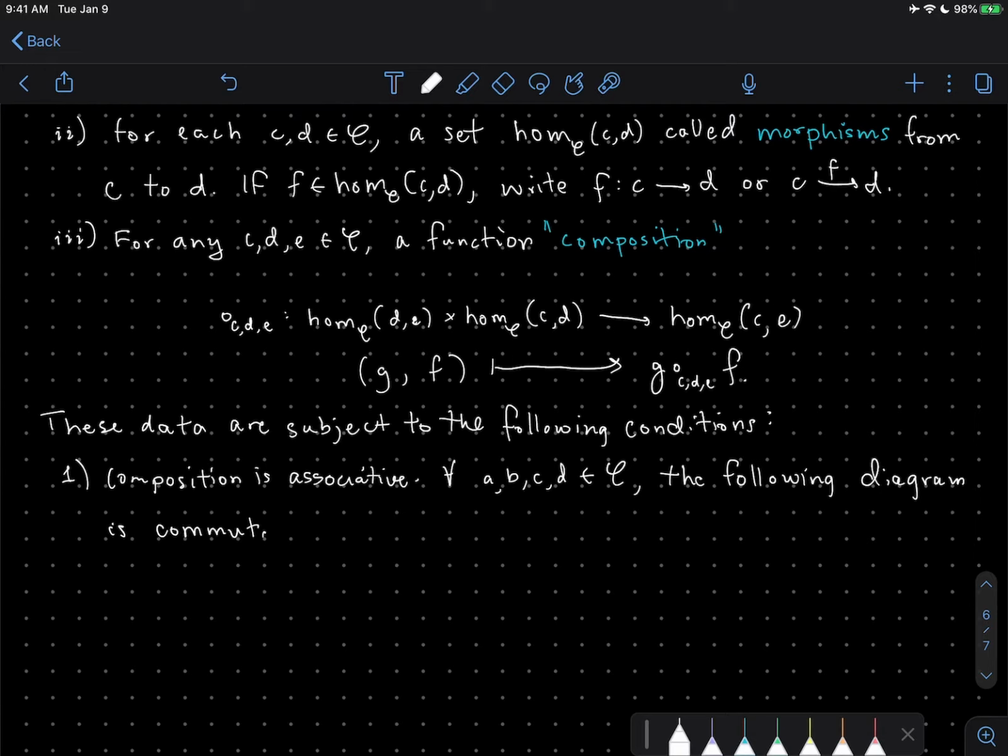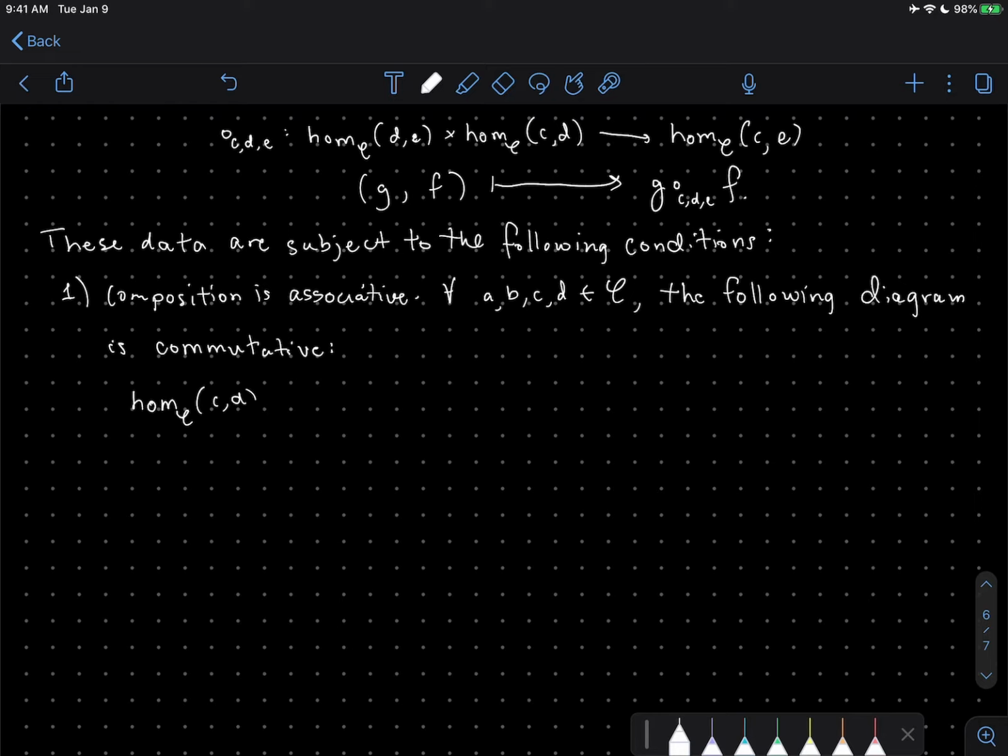So we can start with the product of 3 Hom sets. So the Hom from C to D cross the Hom from B to C cross the Hom from A to B.